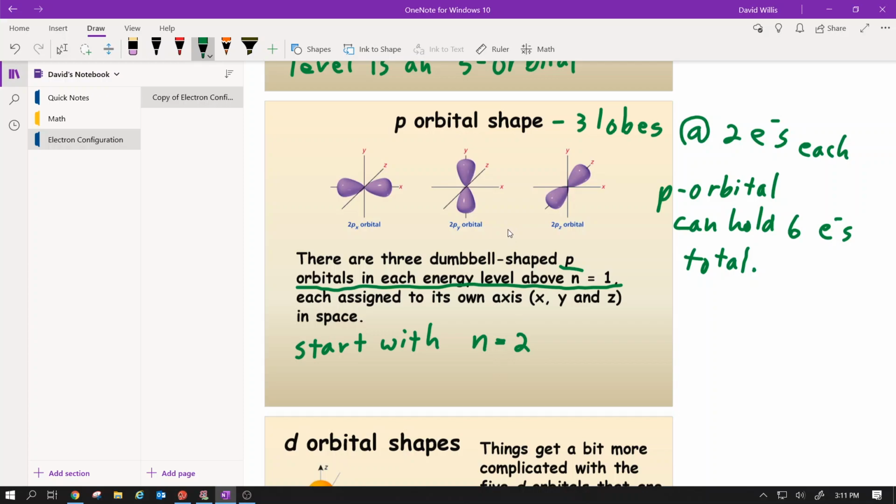Each lobe can hold 2, which means that p orbital can hold a total of 6. 6 in the p, 2 in the s, for a grand total of 8. And so that's where we get the idea from earlier that when n equals 2, the electrons it can hold is going to be 8.